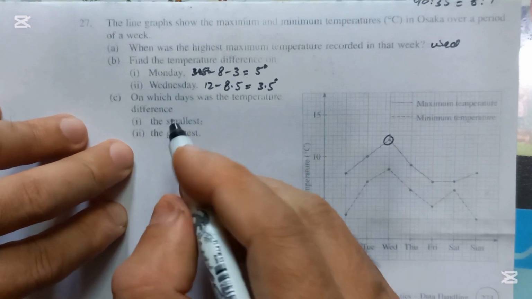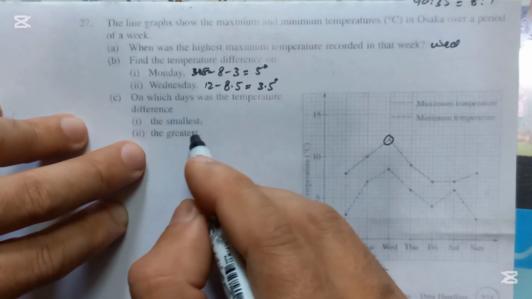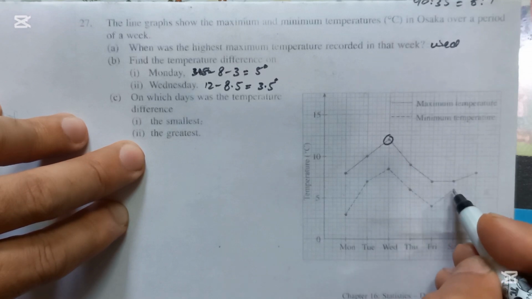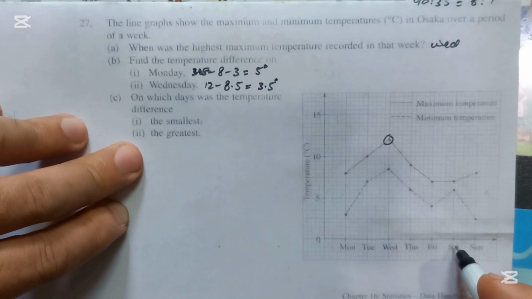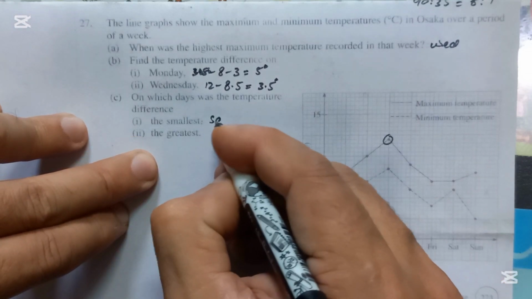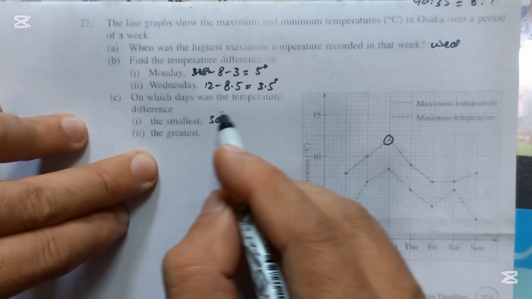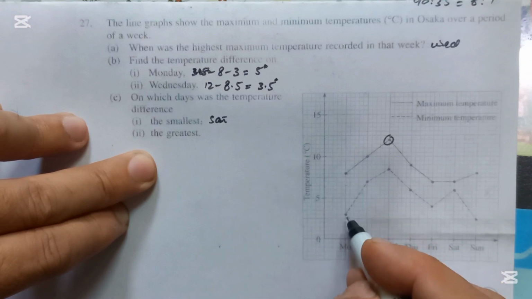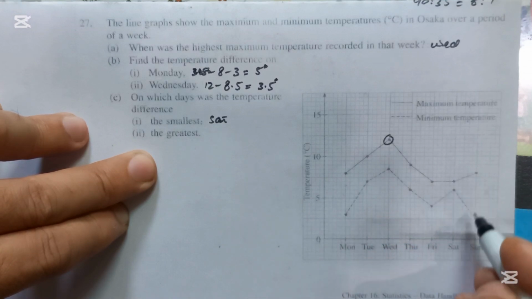Okay, next part is, on which day was the temperature difference the smallest? From the graph we can see the difference between these 2 points is the smallest and this is actually on Saturday. So Saturday is the day on which the temperature difference was the smallest. Next requirement is the greatest, and here we can see this is looking greatest and this is looking greatest.